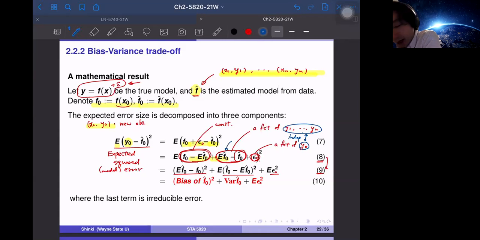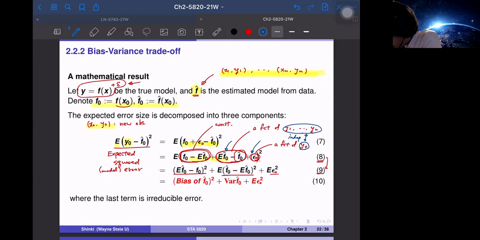The second term has expectation 0, because if we take the expectation, it is E of f hat naught minus E of f hat naught, so that is 0. And the expectation of epsilon 0 is 0, since it is an error term. So if we think about the cross term, for example the product of the second term and the third term, that decomposes because these two are independent and both expectations are 0. So that term disappears, and only the square terms remain.